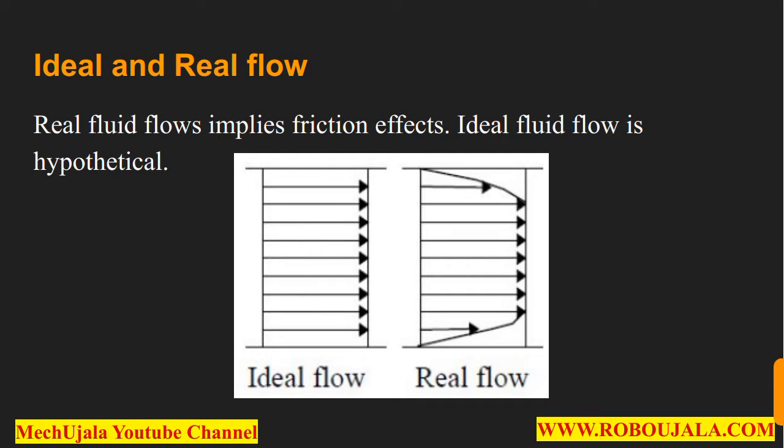In real flow, the velocity at the surface is 0, but as we gradually increase the distance, the velocity increases as we go up, and at the center we get maximum velocity. So this is real fluid.